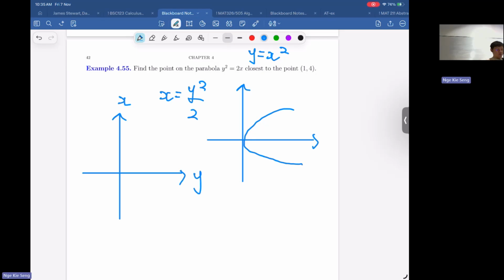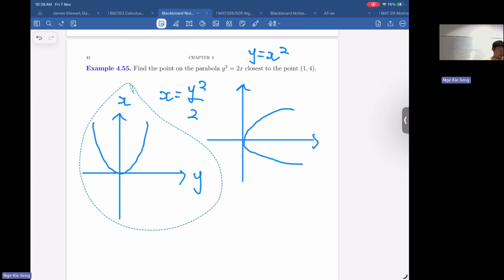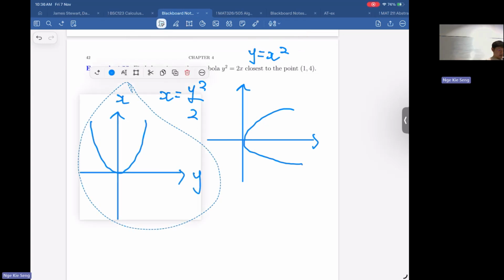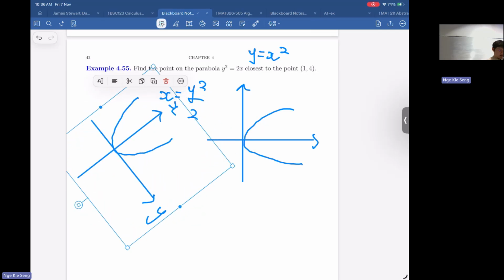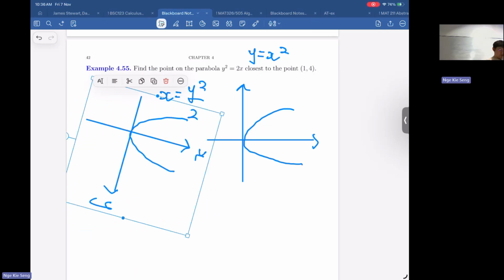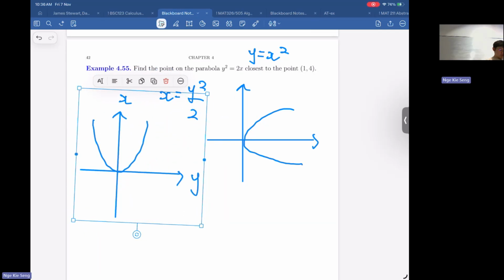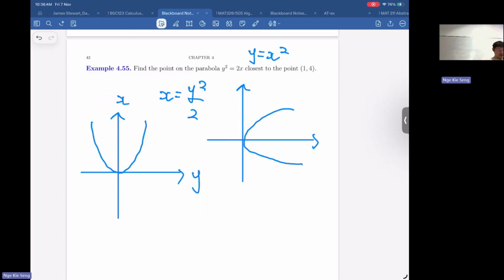Because you know how to plot y against x, now you plot x against y, so then you need to flip it around. Flipping means making x and y swap. So it should turn the other way around like this.